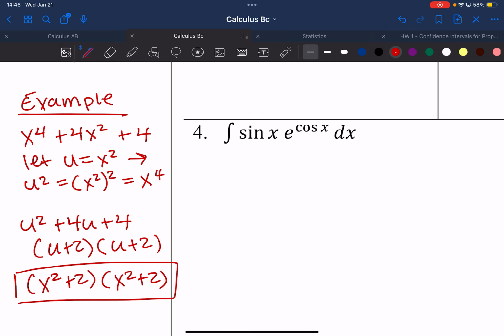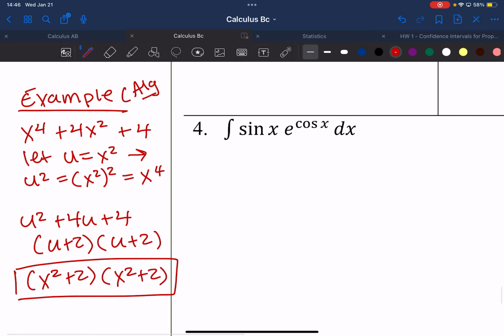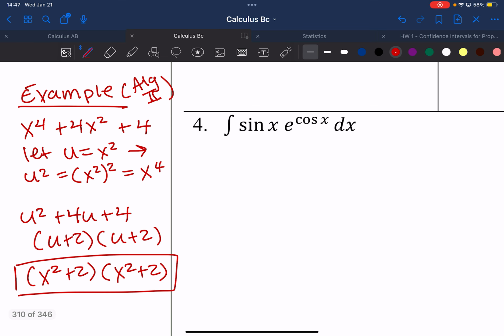Okay, this is Algebra 2. So hopefully it looks a little familiar, because this is the same concept we're going to do for calculus. The idea behind this is by using U substitution, we are going to make our integral easier to solve. Any questions about the rules or the Algebra 2 example?